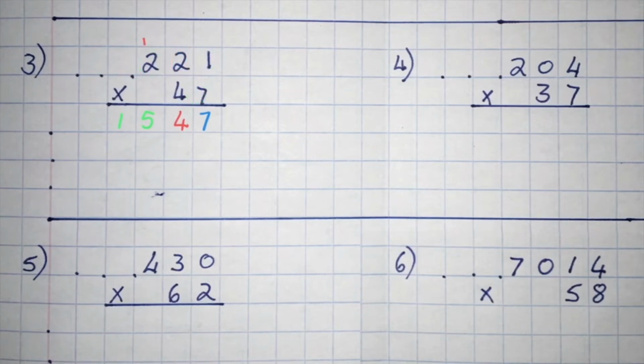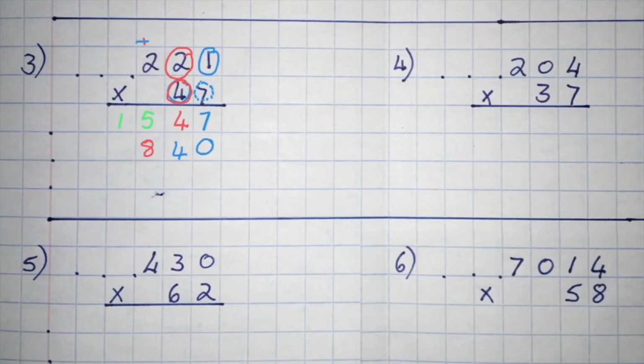Now we need to start on the second line. But before we start on the second line, there is 0 underneath the 7. Take that 0 and put it here. Cross out all the carries that you've had, and we start again. Now it's going to be 4 multiplied by 1, which is going to give me 4. Now the 4 is going to be multiplied against this 2, giving me 8.